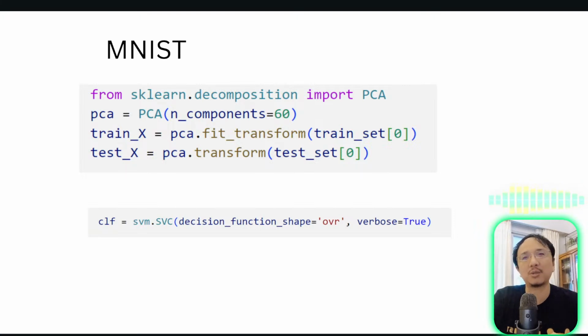In this case, for MNIST we have 10 different classes. And in fact, you have already seen this kind of method in the real world, in sports competitions.